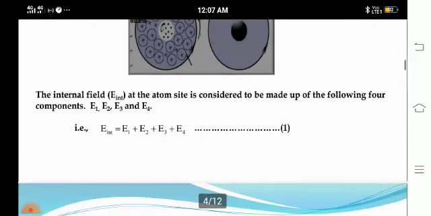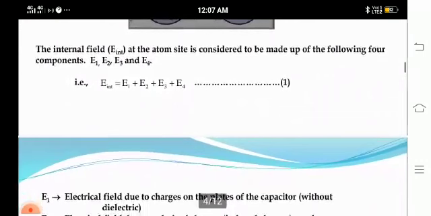In this case, the internal field at the atom site is considered to be made up of the following four components: E1, E2, E3 and E4, where E internal is equal to E1 plus E2 plus E3 plus E4.